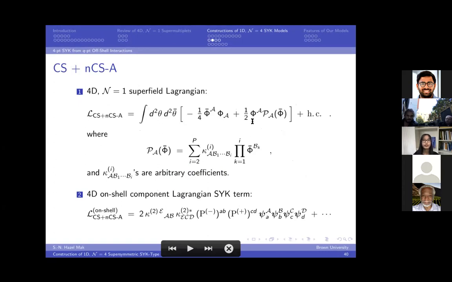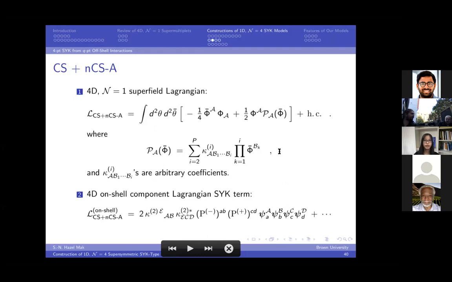But now instead of 1 chiral and 2 anti-chiral superfields, you can do it with 1 chiral and any number of anti-chiral superfields, and then you have a finite polynomial of these. And all of these kappas now are arbitrary.